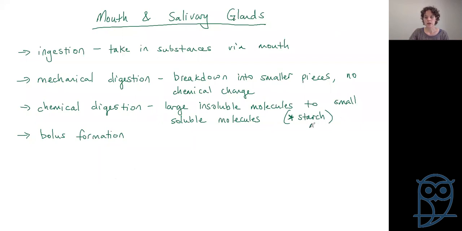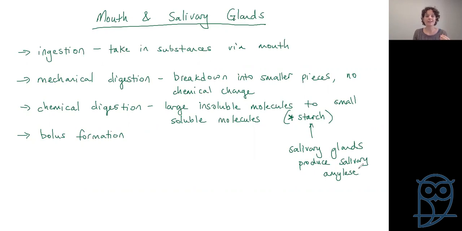So your starch, remember we have your salivary glands producing salivary amylase. And it's quite important that you remember it's salivary amylase because there's more than one type of amylase. Okay, so salivary amylase is starting the digestion of your starch in your mouth.